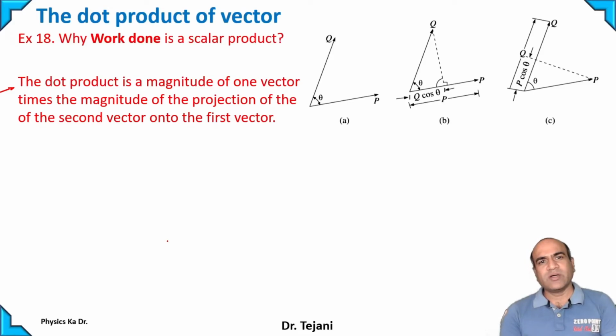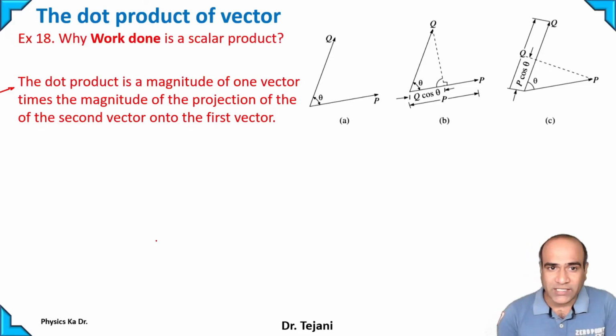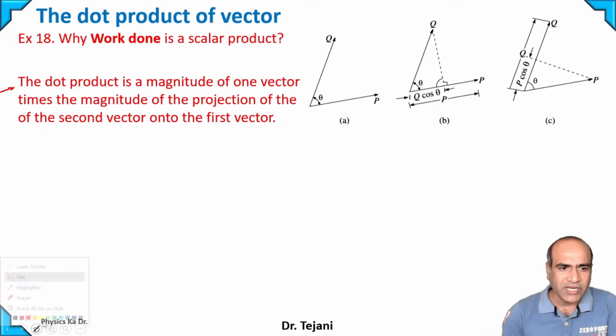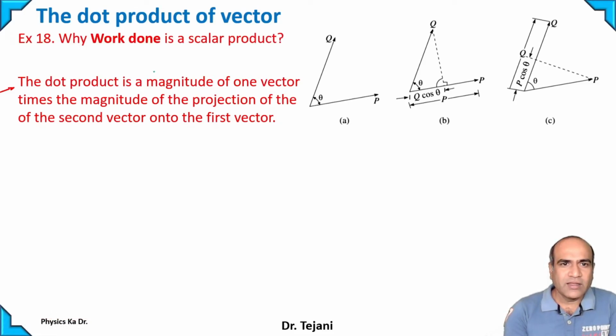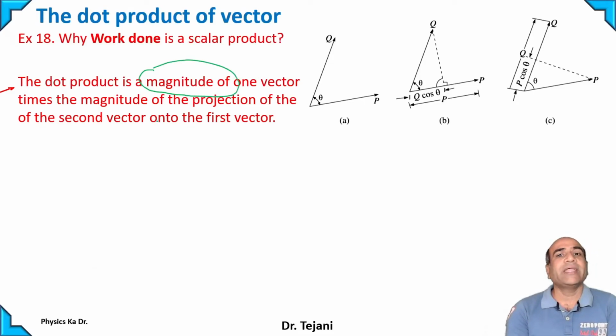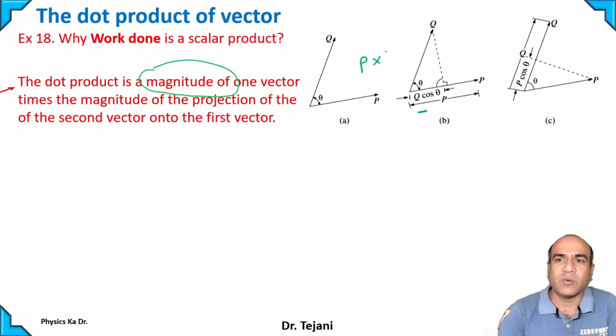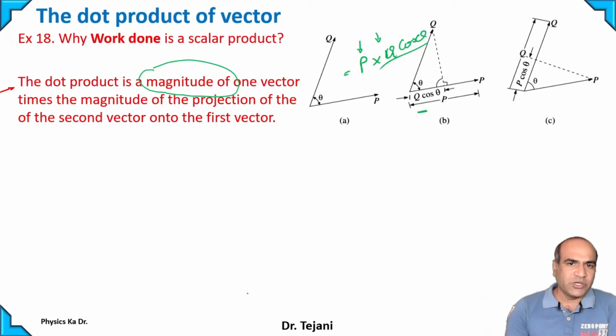A dot product is the magnitude of one vector times the magnitude of the projection of the other. That means it is a multiplication of magnitudes, like P and the projection of the other one, Q cos theta. Therefore, if it is just a multiplication of magnitudes, it gives a scalar.